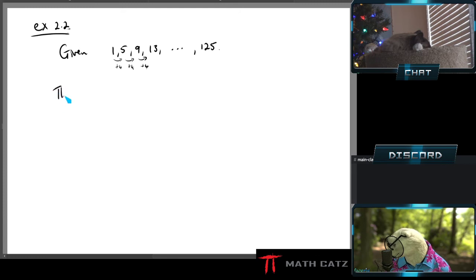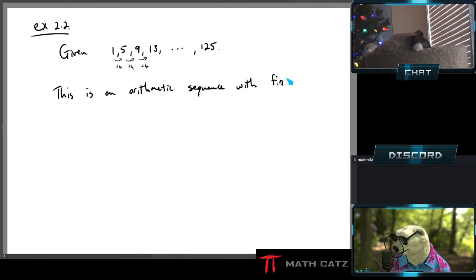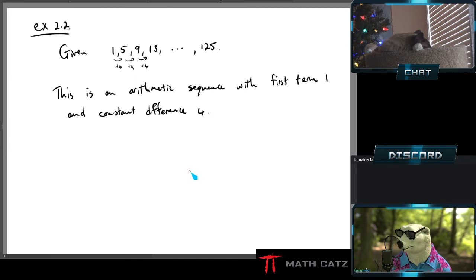However, you have to defend why you can use that explicit formula, because this is an arithmetic sequence with first term 1, and you can emphasize constant: the difference has to be constant or it's not arithmetic. Difference is 4.